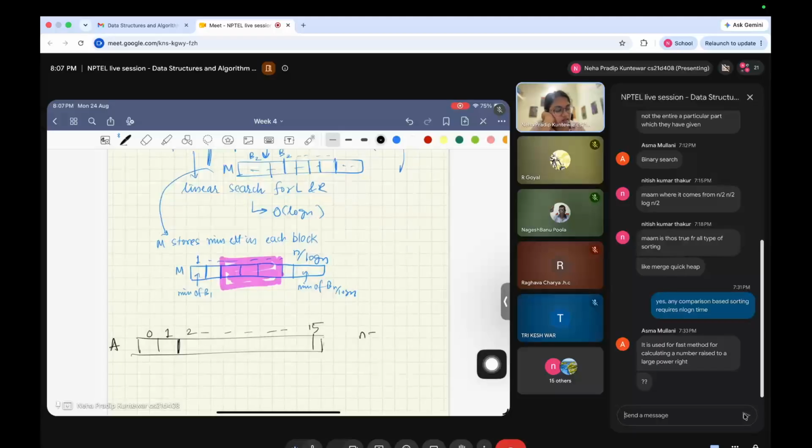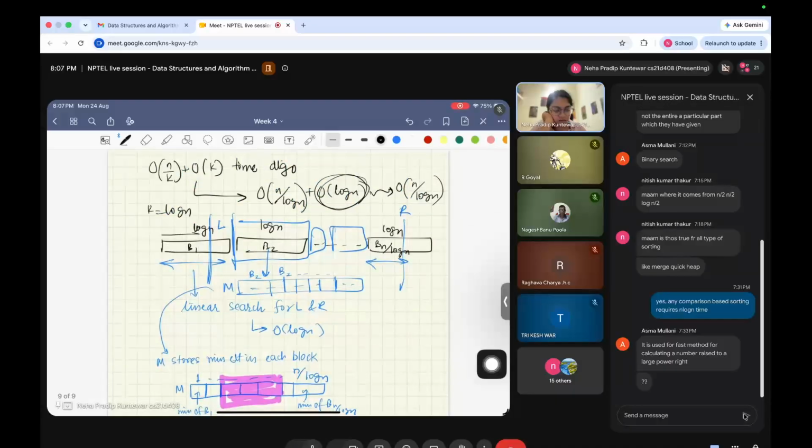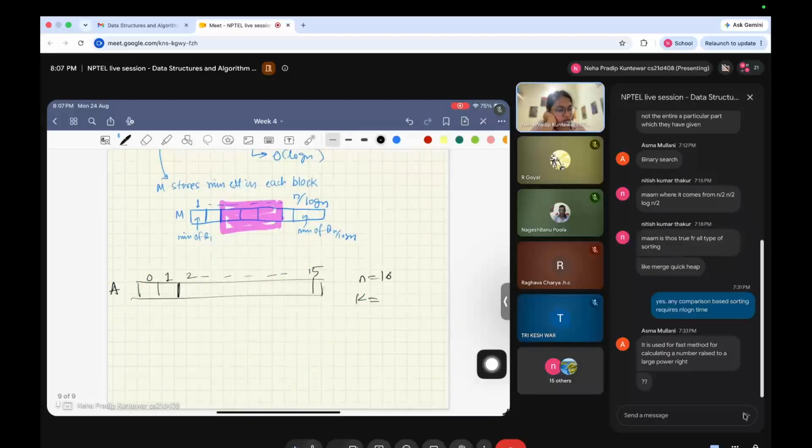So n is 16 for us, and I'm saying k is log n, right? I'm choosing k to be log n. So what is log of 16? It's 4. So that means we are going to divide this into blocks of size 4. For the sake of simplicity, I'll rename this to 1 up to 16.